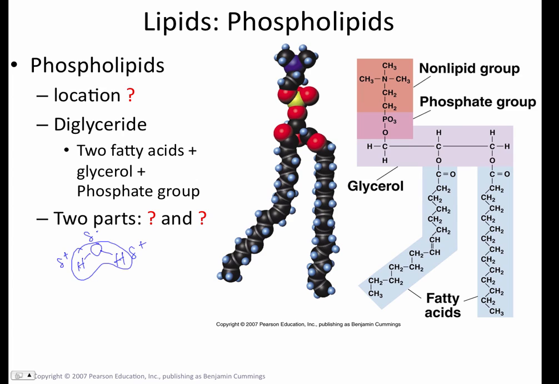The phosphate group, I just mentioned, has a negative charge. So if you put a phospholipid in water, what is going to be closer to your water molecule? The phosphate head, right? And here we have partial positive, partial negative. Opposites attract.